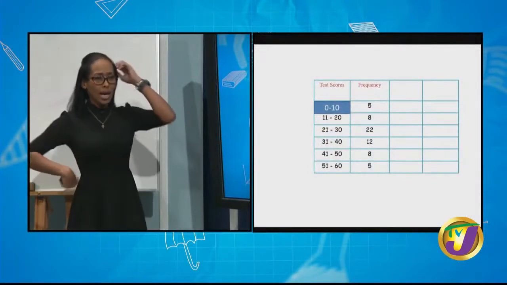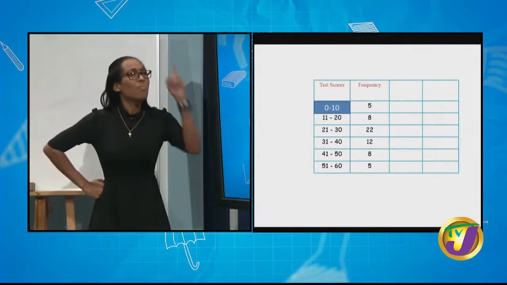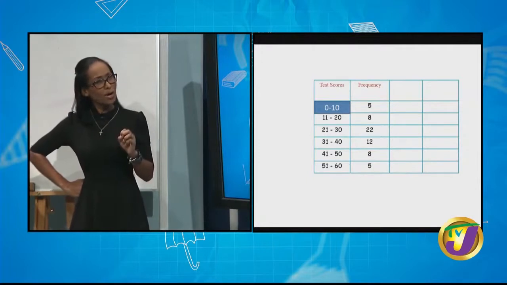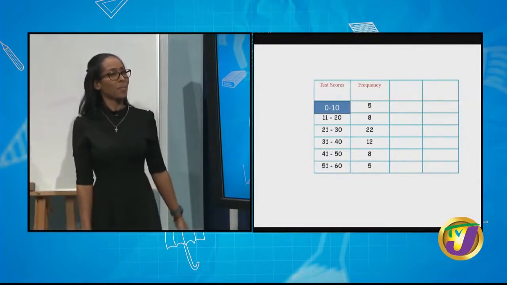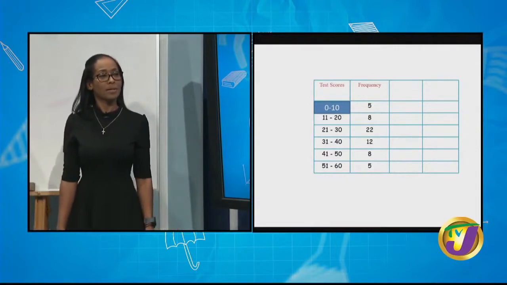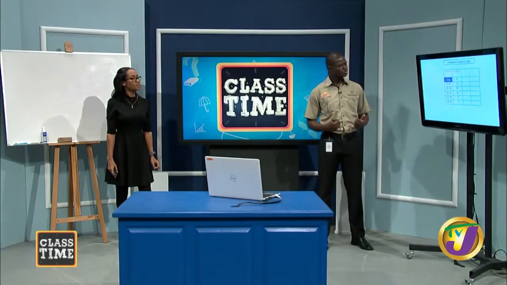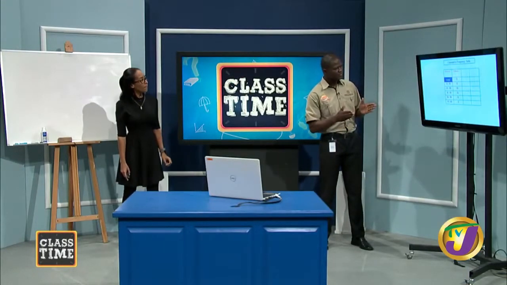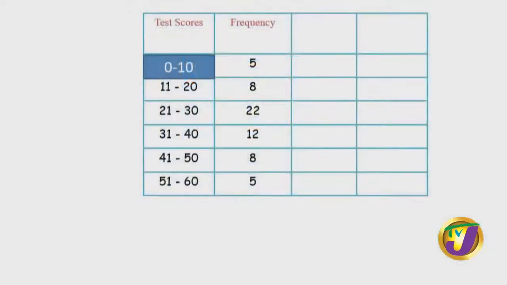I'm wondering about frequency. I remember we learned that in class, last week or the week before. Can you remind me what frequency is? Frequency is how often a particular event happens. For example, in the band 0 to 10, the 5 suggests that there are 5 scores in that band.